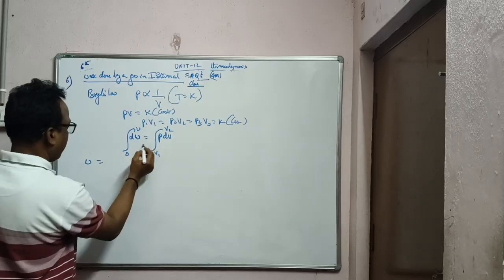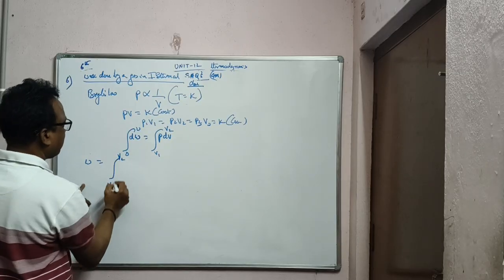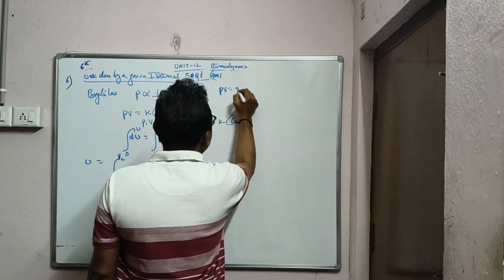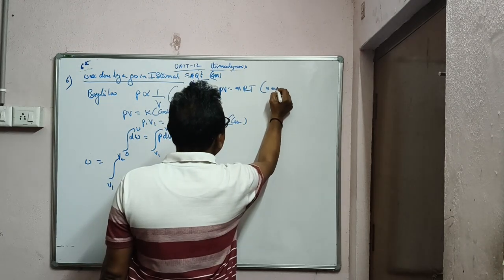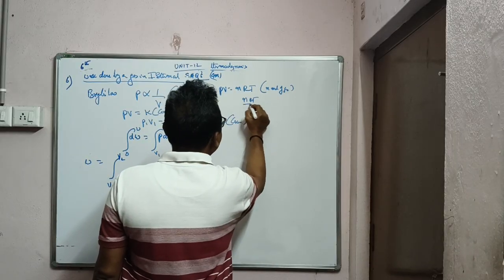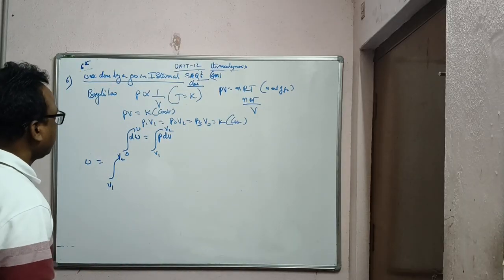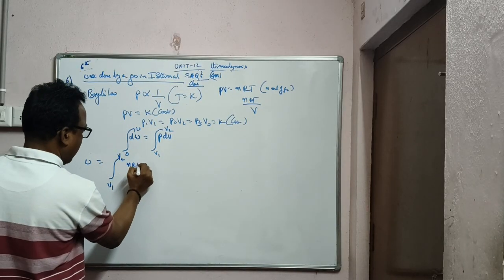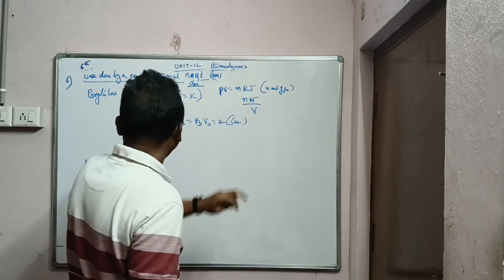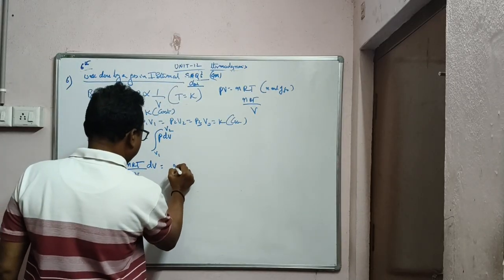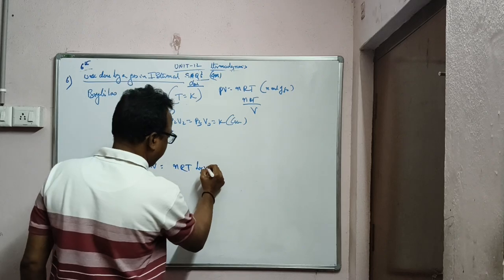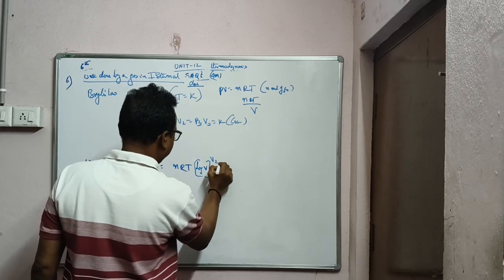For n moles of gas, we know PV = nRT, so P = nRT/V. So W = integral of nRT/V dV. Integrating, n, R and T are constant, so the integral of 1/V dV is log V between V1 and V2.